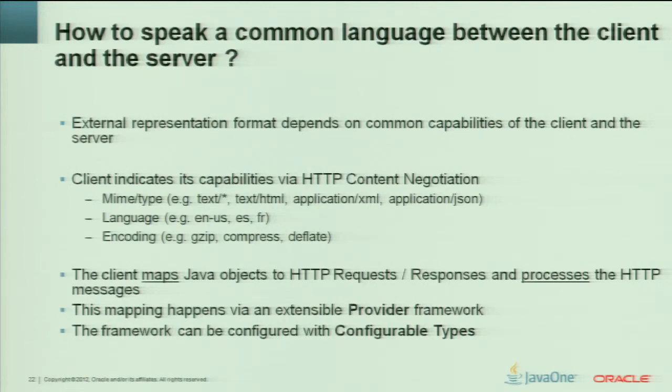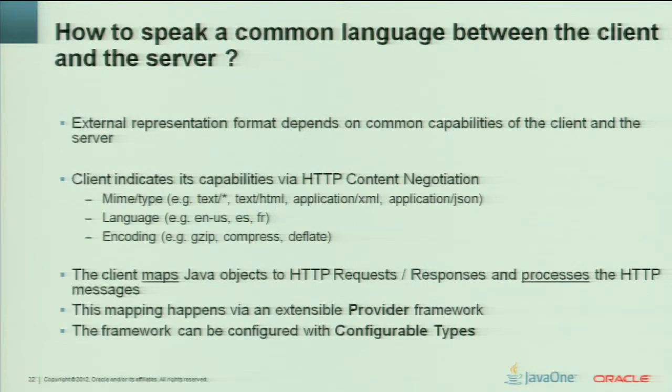And there's this HTTP content negotiation where the client tells the server that it can handle the following MIME types. For example, it can only handle text responses or text HTML or application XML or application JSON as types. Then it can also indicate language encodings locally, and you can imagine doing additional encoding of the actual protocol like gzip compression or deflation.